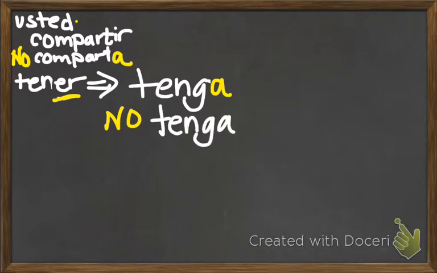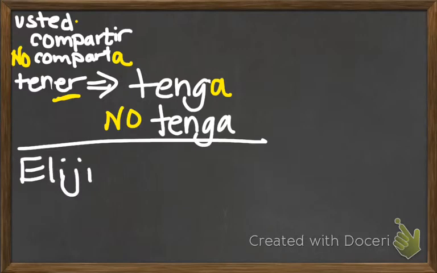How would we turn this into an ustedes command? How do we turn tenga into an ustedes command? Just add the n. Right? So it would be tengan. Alright, so let's look at some of the ustedes commands. Let's look at one of our new verbs.